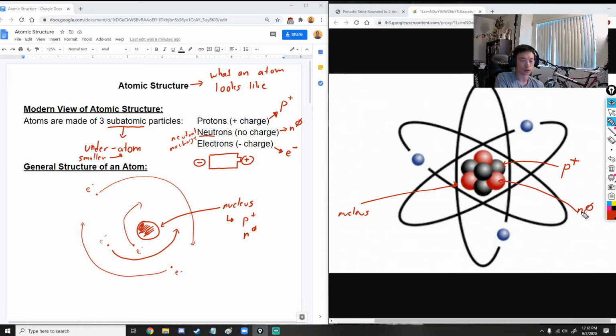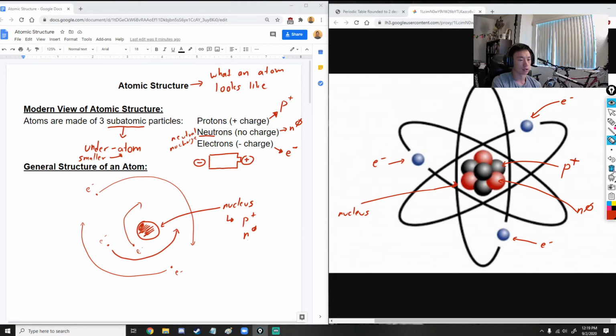You could say the red ones are protons and the black ones are neutrons, because they don't have a color. But just know that the protons and the neutrons are in the middle, and you should have identified that the electrons are the blue balls that are flying around the nucleus. So that's generally what an atom is going to look like: protons and neutrons in the middle, and electrons fly around the nucleus.